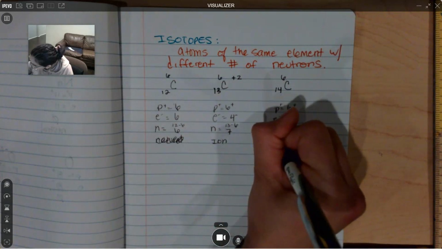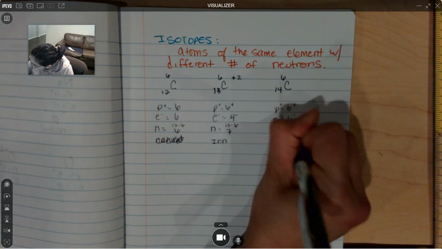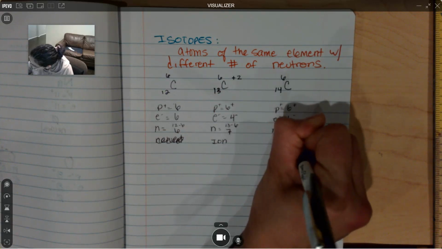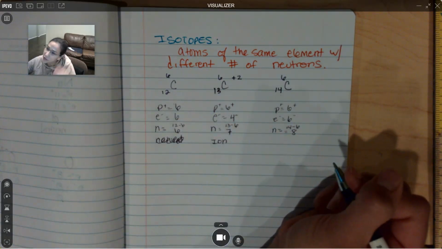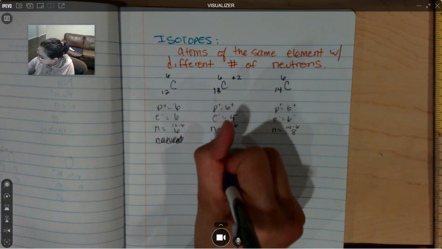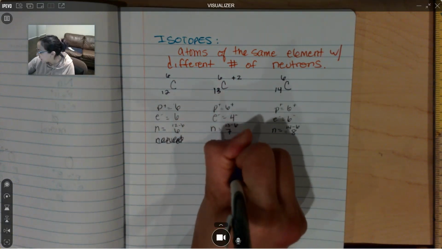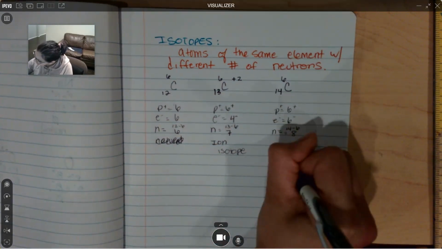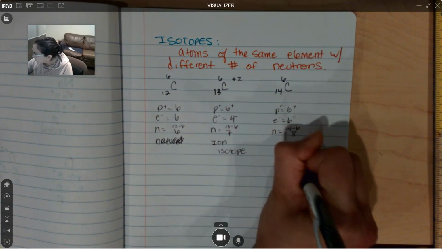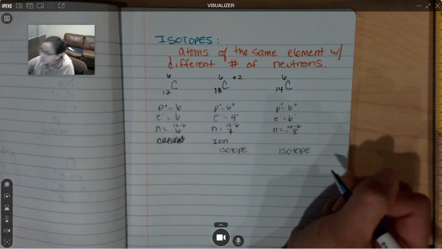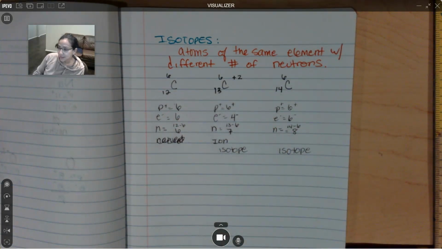And here we have 14 minus 6, which is equal to 8 neutrons. So here we have an ion, and this is an isotope of carbon 12, and this one is also an isotope of carbon 12. Because carbon 12 is the most abundant and natural common form of carbon.